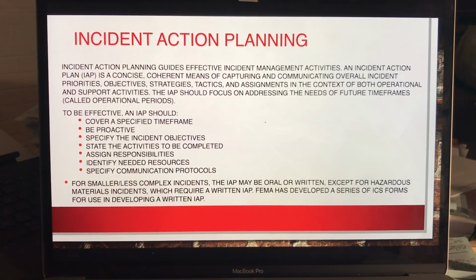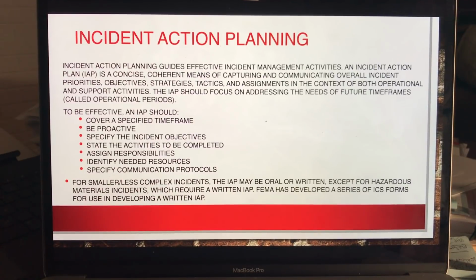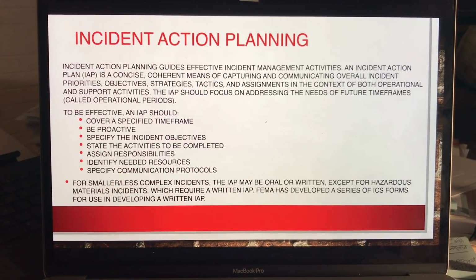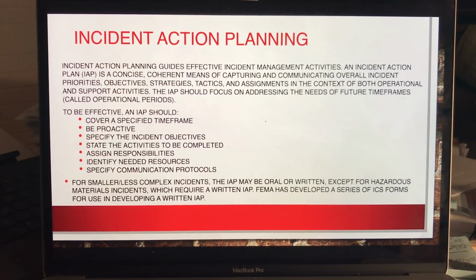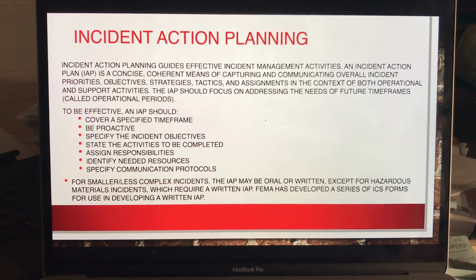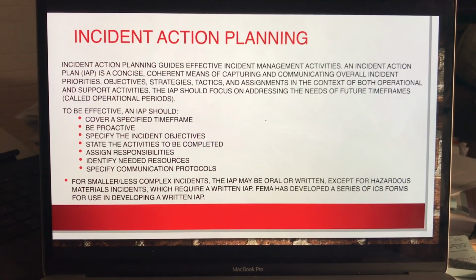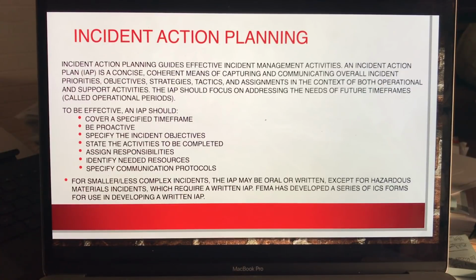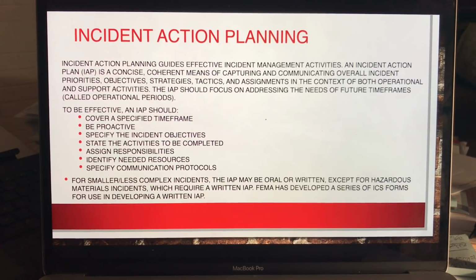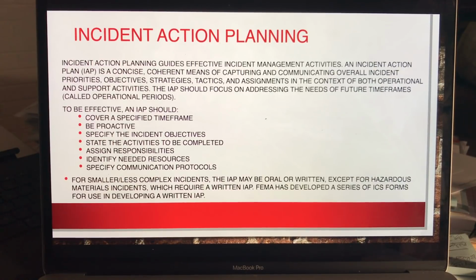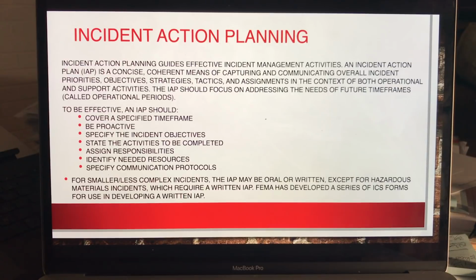To be effective, an IAP should cover a specific time frame, be proactive, specify the incident objectives, state the activities to be completed, assign responsibilities, identify needed resources, and specify communication protocols.